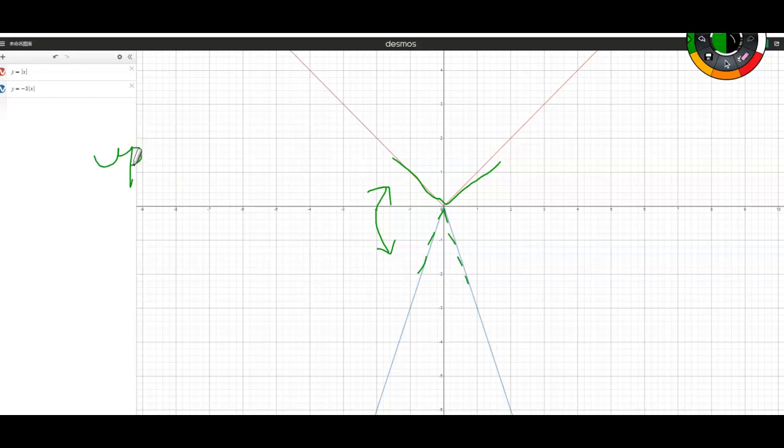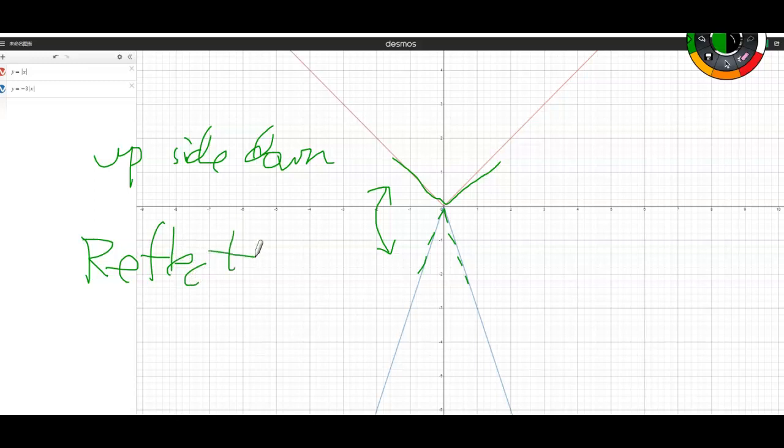So the transformation here is upside down. Okay? So how do we describe upside down in a mathematical way? It is reflection. And this is the x-axis, and your parent function and baby function are reflections across the x-axis, right?